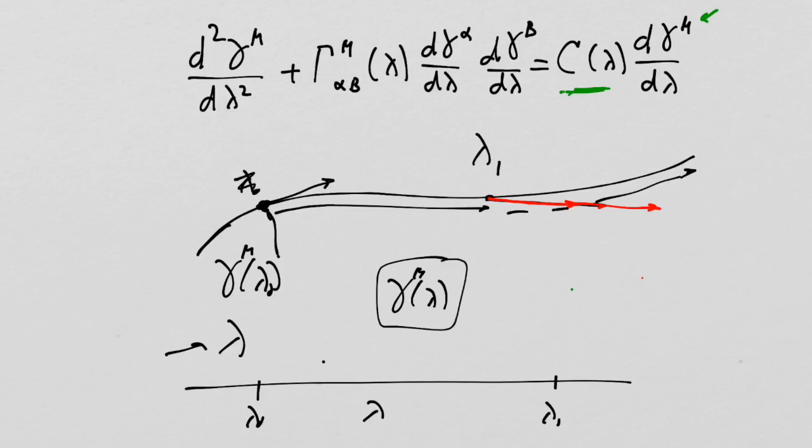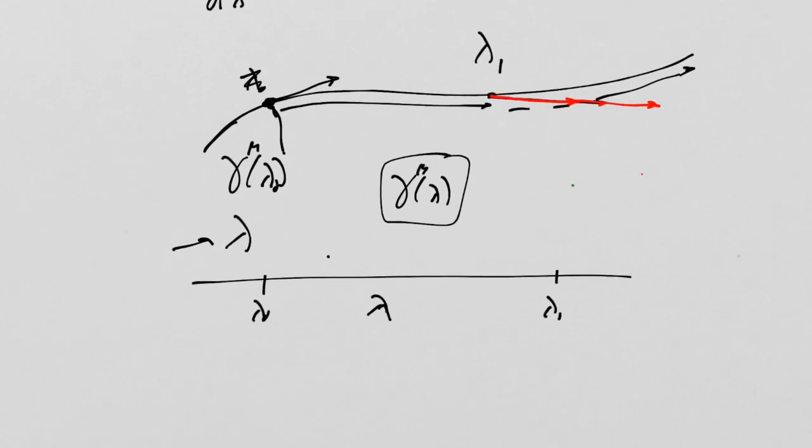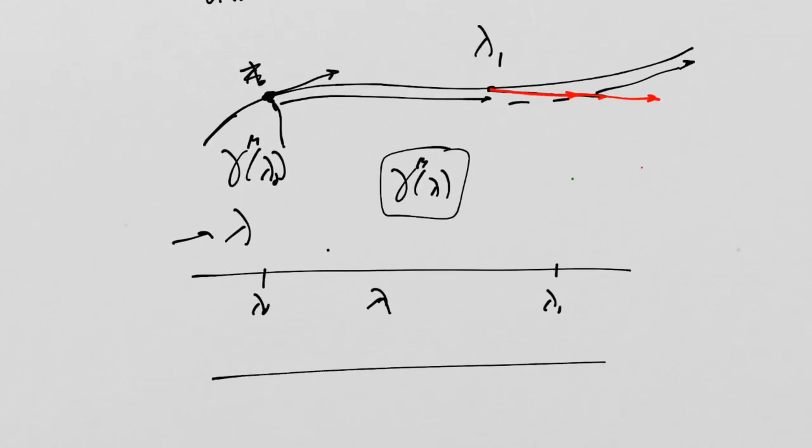But I can easily imagine creating a different parameter, say sigma.